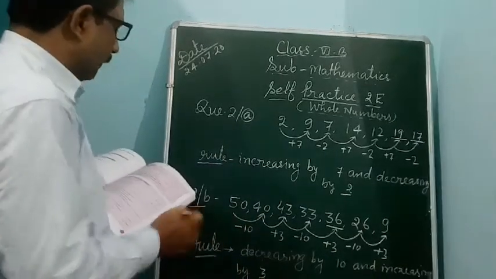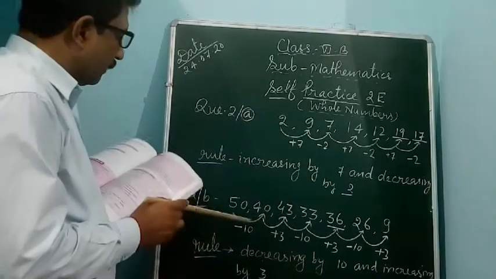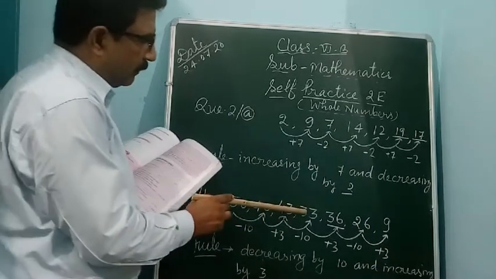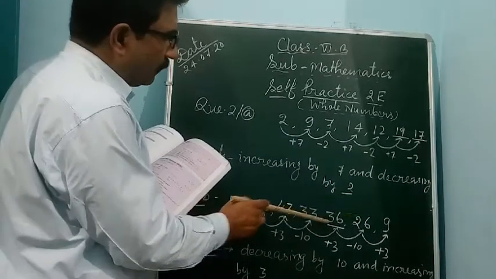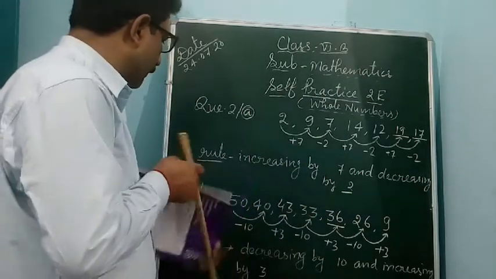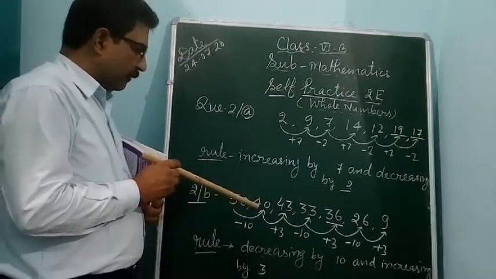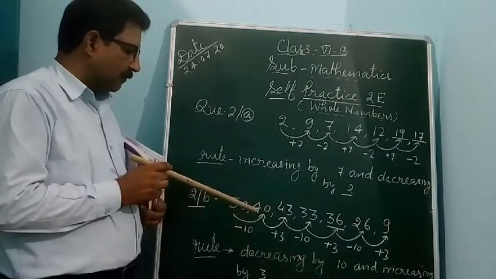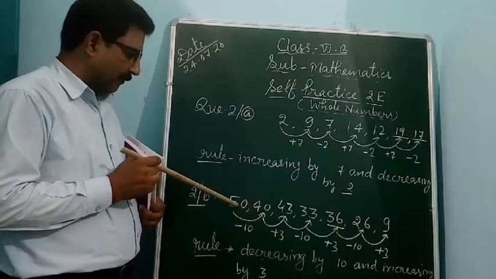Question number 2B. In the question it is given 50, 40, 43, 33, one gap, 26, and one more gap.